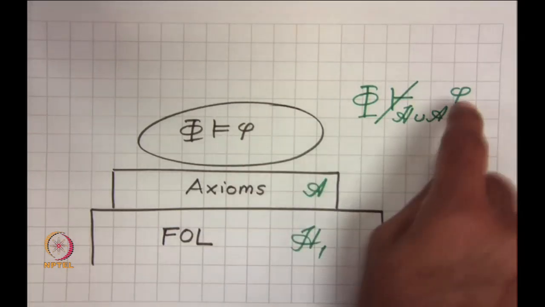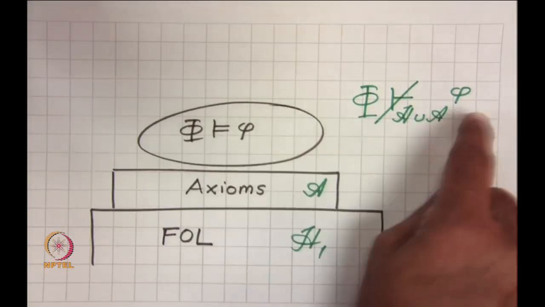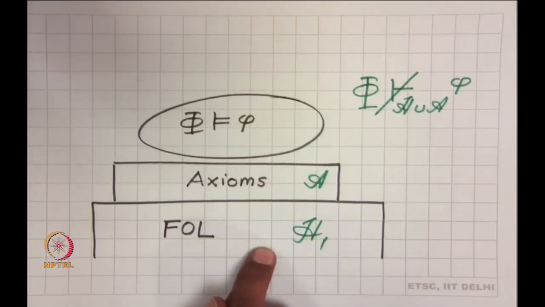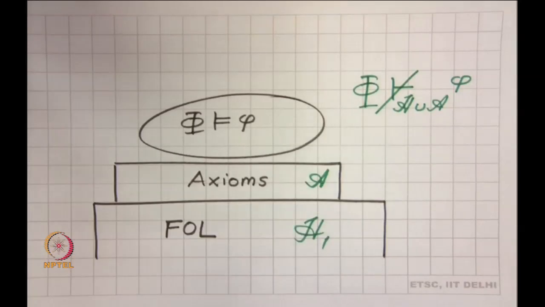The fact that you cannot prove a logical consequence which holds in that theory in first order logic is not due to the insufficiency of the logical axioms, but due to the insufficiency of the axioms you have used for that theory. That is what this completeness says.